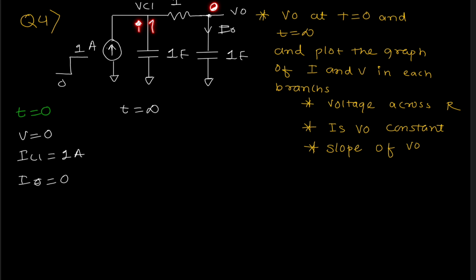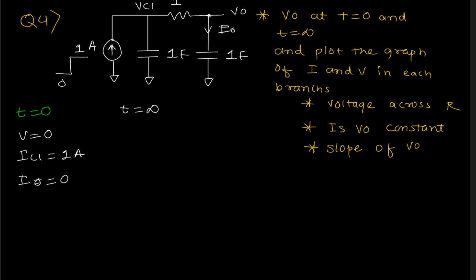So if this voltage is getting increased, there will be some voltage across this resistance. So there will be a current in this direction, and due to that current, this capacitor will be charged.